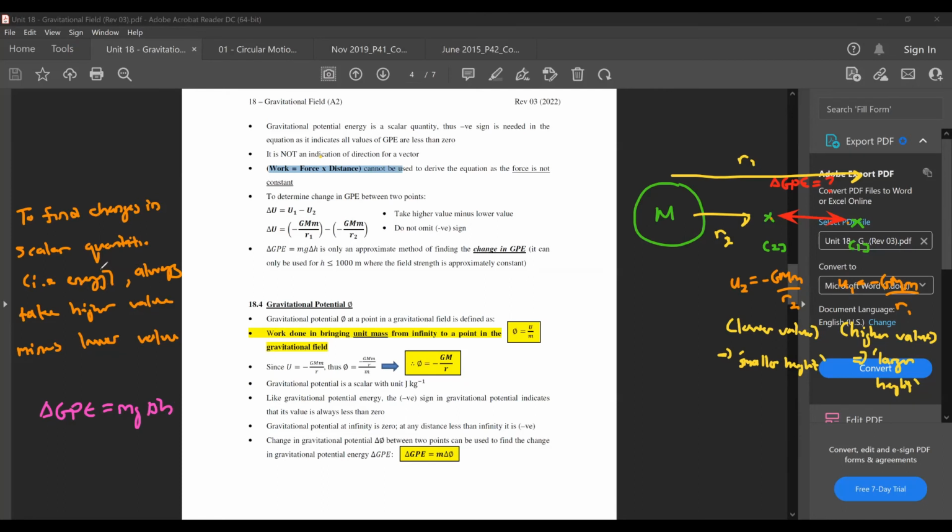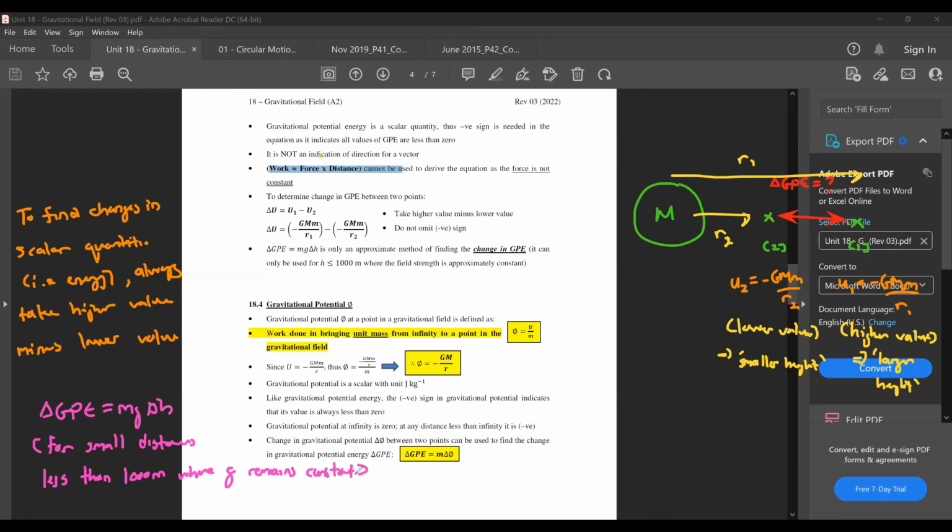Now the mg delta h from that time is only for small distances, less than 1000 meter, where g remains constant.